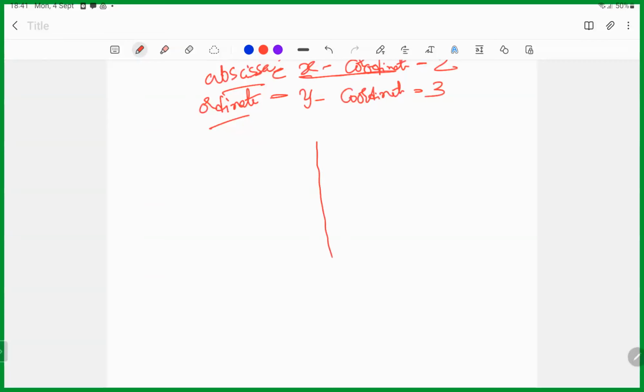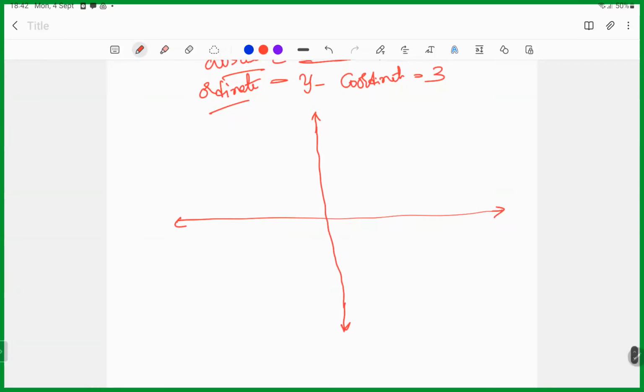I will say some points, you mark them on the graph. Point A is (4, 8). Plot it on the graph, (4, 8).